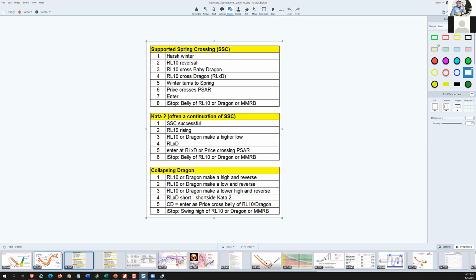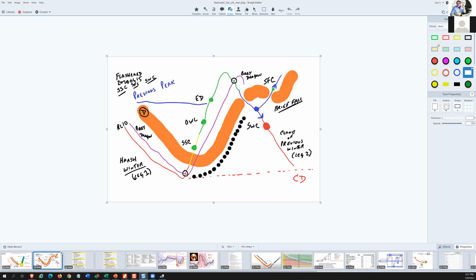There are these two supporting flashcards that describe those three patterns, the SSC, the Kata 2, and then the collapsing dragon.